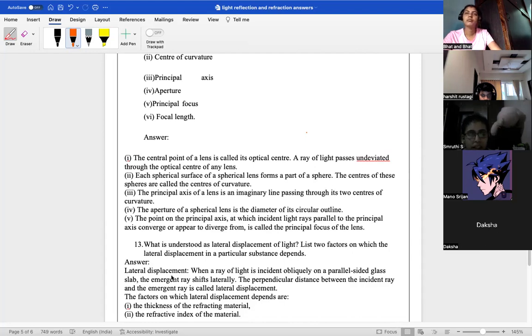It is the distance of the refracted ray from the original incident ray. So the factors are: it depends on the angle of incidence, it depends on the thickness of the material, and it also depends on the refractive index of the material.